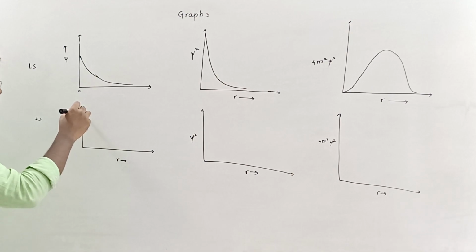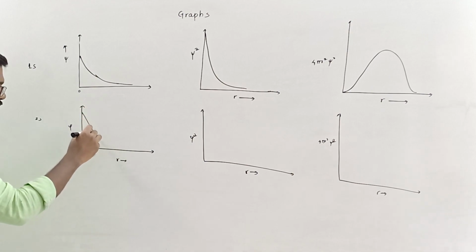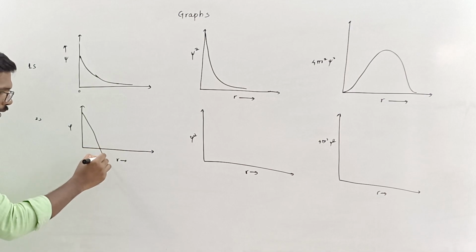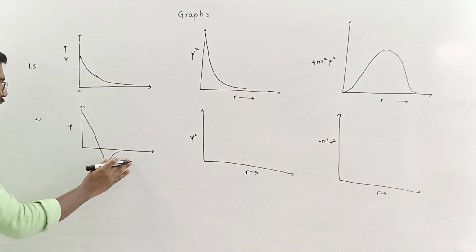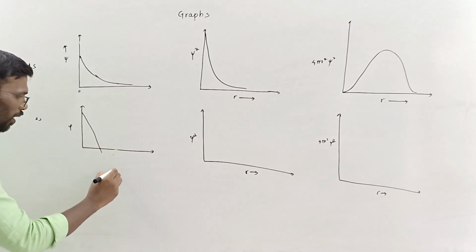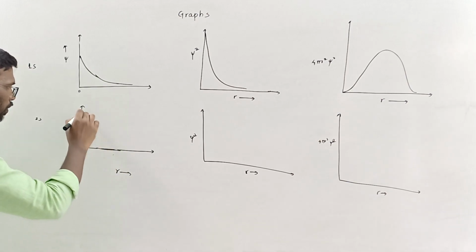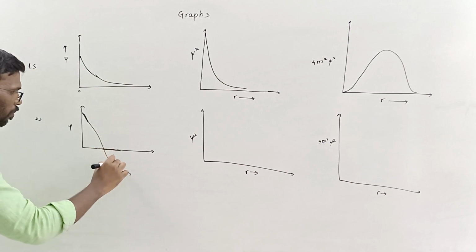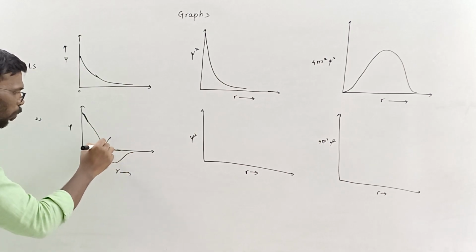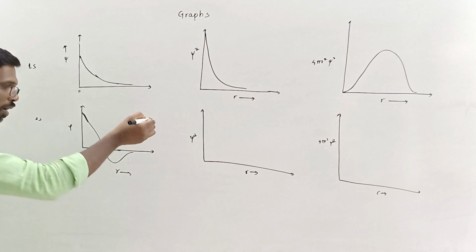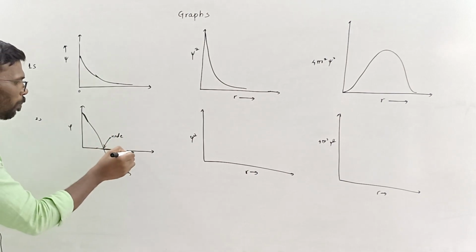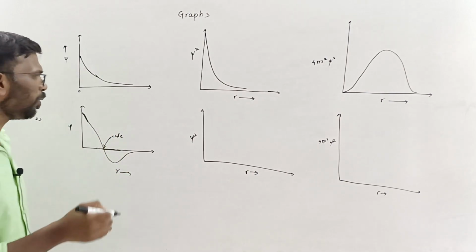From 0 it is high. For the s orbital, it will fall this way and cross the axis. So this point represents a node. Which node? A radial node. What about psi square?